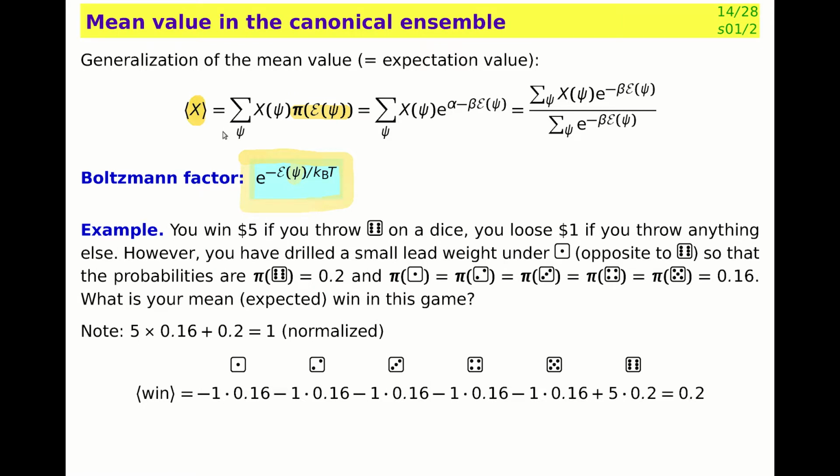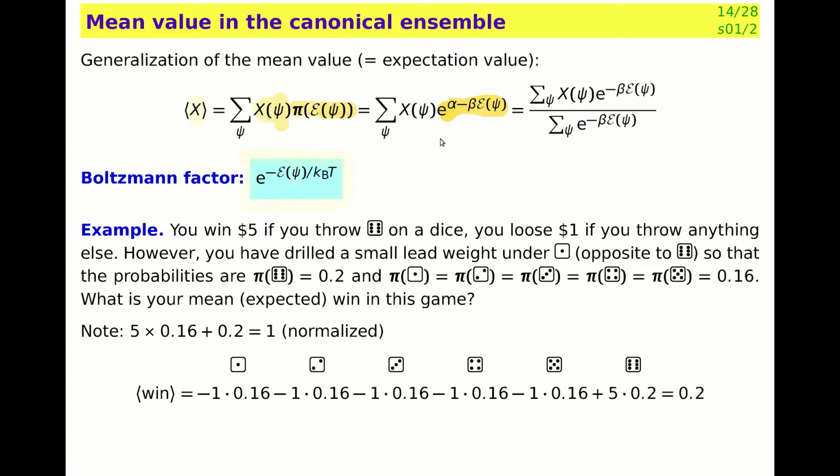It's no longer an arithmetic average as in the microcanonical ensemble, it's a weighted sum, and this is a quantity to calculate as a function of a state, and this is a probability. So we can insert there what we know about it, and can express it, for example, like this if you wish.